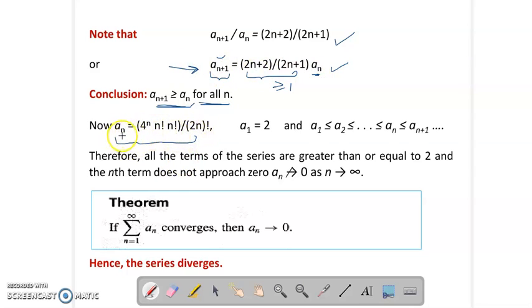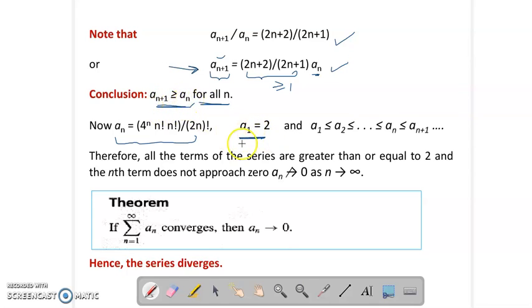So when you substitute n is equal to 1 here, you have 4 times 4 divided by 2 factorial, so a1 is 2. And from this conclusion, we can write that a2 is going to be greater than or equal to a1, and a3 is going to be greater than or equal to a2.